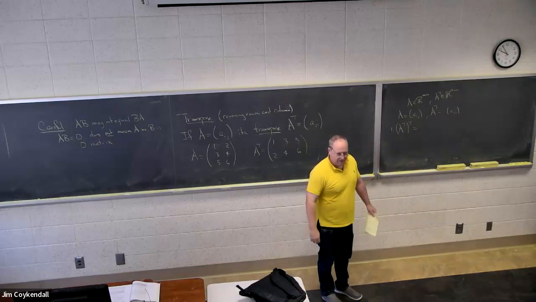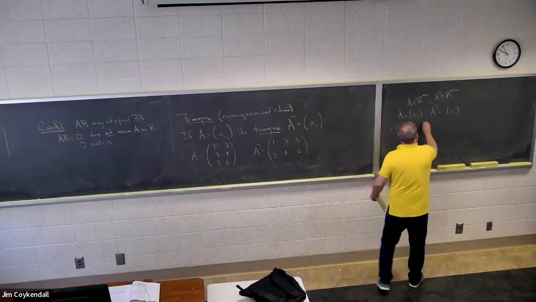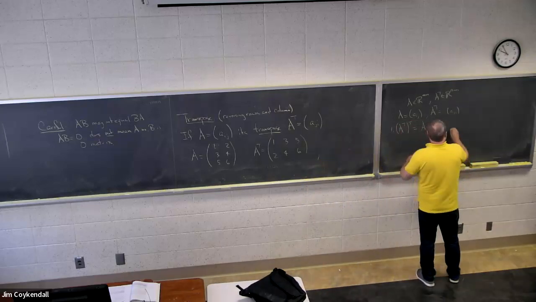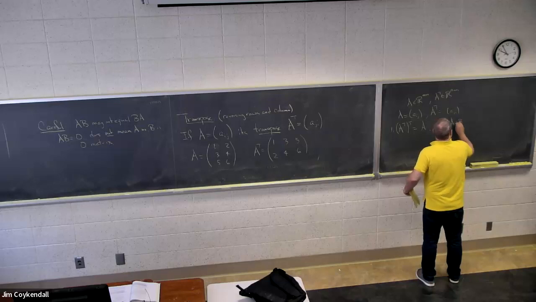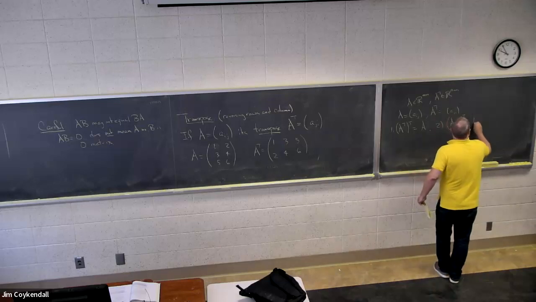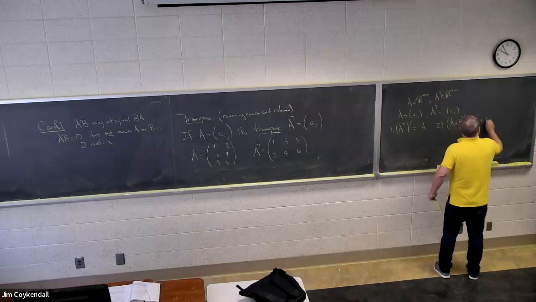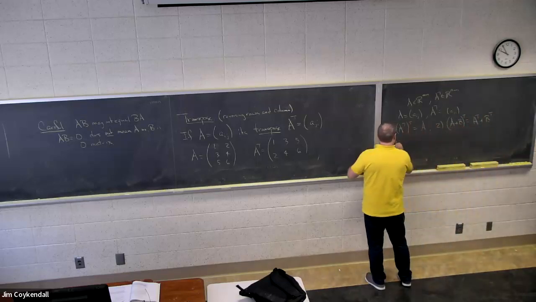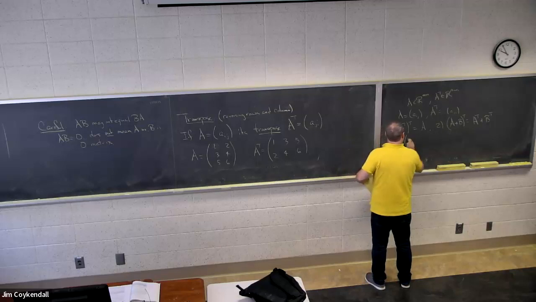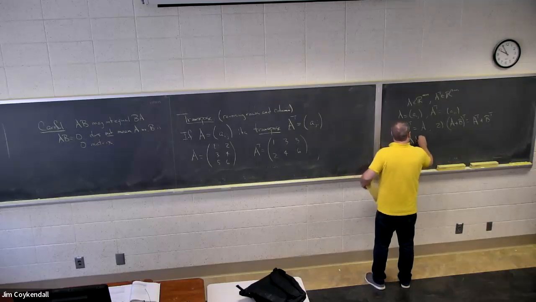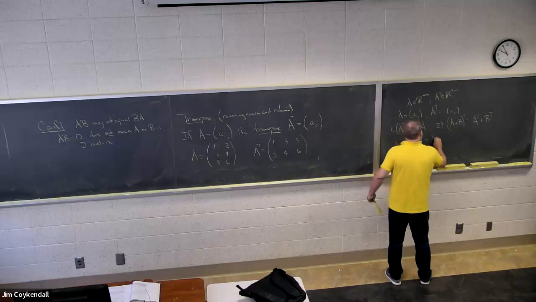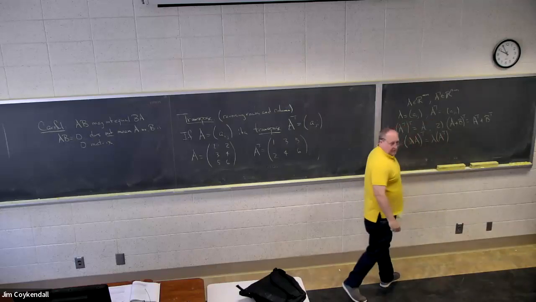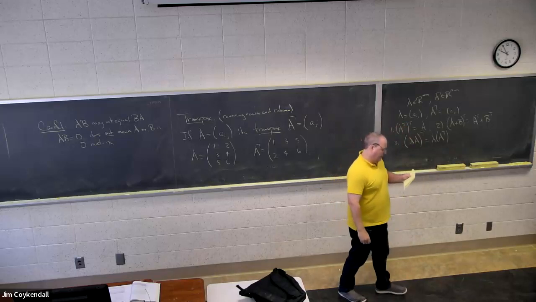What do you suppose happens? It's the same. Good. Two, A plus B transpose is A transpose plus B transpose. Number 3. If you have a number times A, transposed, that is that number times A transpose.